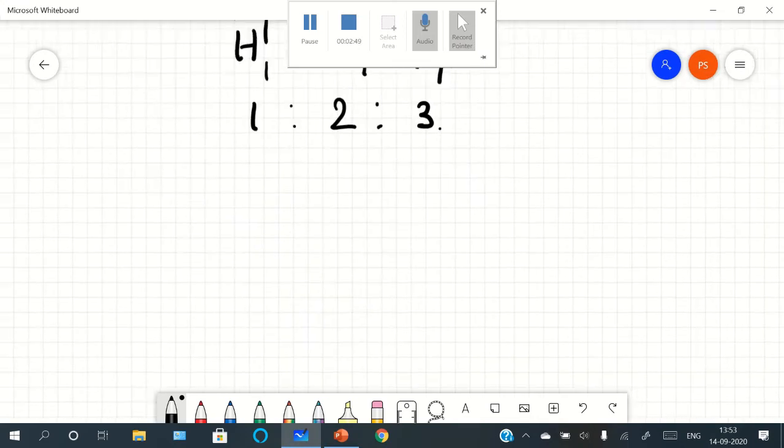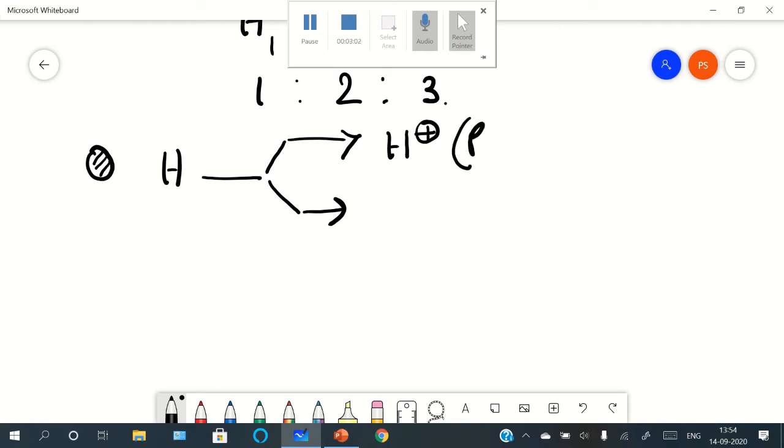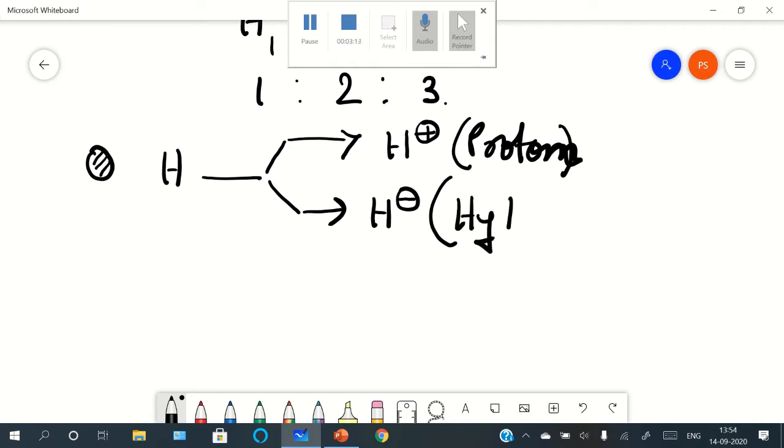Now, when hydrogen forms compounds, it forms them in the form of H plus ion, that is, in the form of a proton, or H minus ion, in the form of hydride.